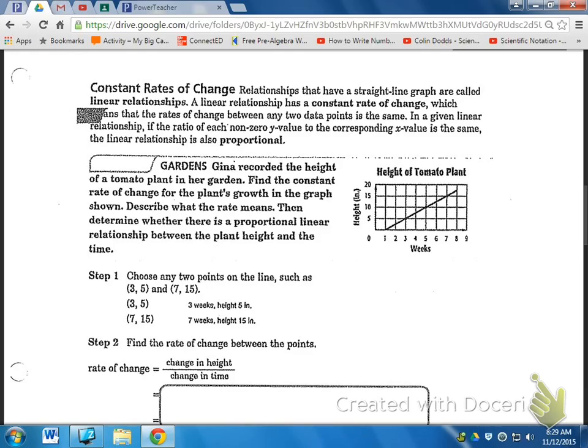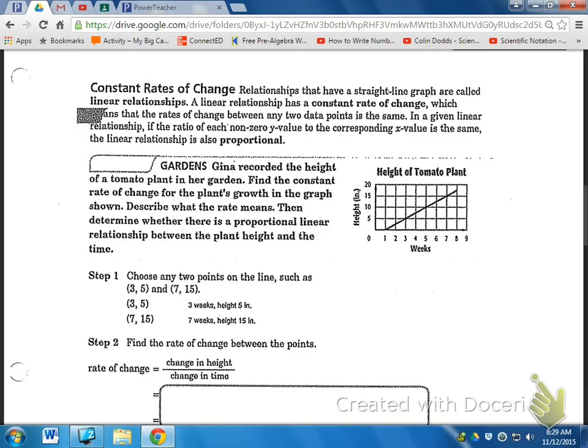Everything in this chapter is dealing with linear relationships and lines. It has a constant rate of change. I'm going to tell you ahead, Monday when we look at slope, that's what this is. Constant rate of change, we are heading towards slope, the slope of a line.